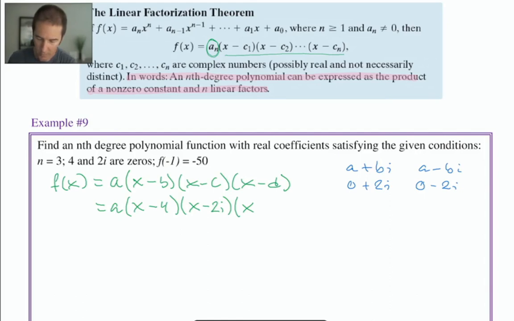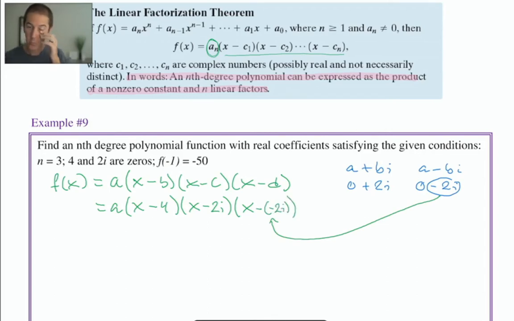So I'm going to come over here and put minus negative 2i, just to really drive home the point that we are putting in a negative 2i instead of a positive 2i, and that's the conjugate.